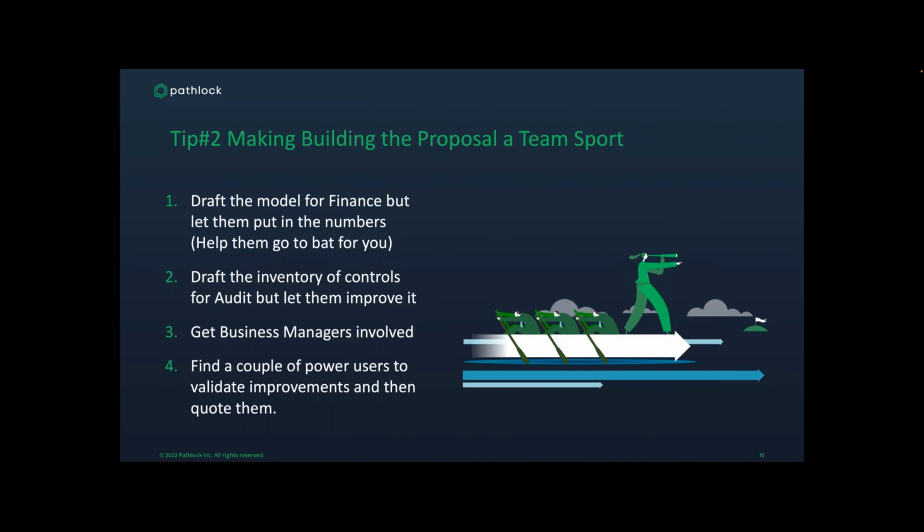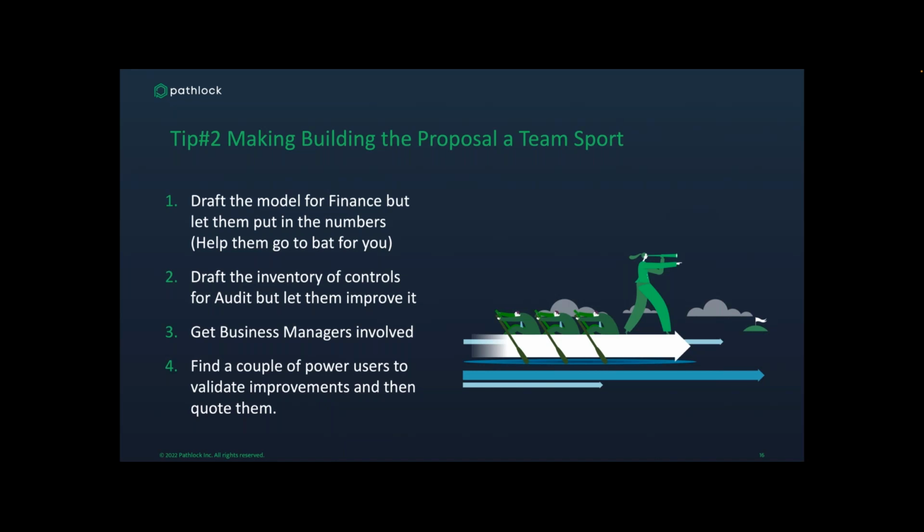For example, the weighted average cost of capital, the WACC value, may not have been the most recent one. Maybe it was something pulled from a previous template. And so because of that, it begins to get questioned. All of your metrics become questionable because finance doesn't feel like they were involved. So help them go to bat for you.